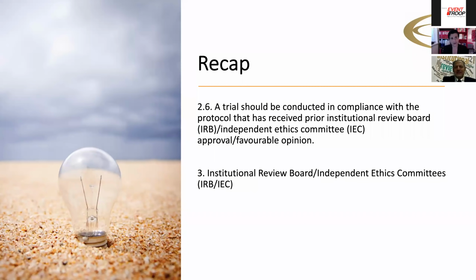So section 3 of the ICH guidelines talks about the roles and responsibilities of the Institutional Review Board and Independent Ethics Committees. Everything I'm going to tell you today is from section 3 of the GCP guidelines, because these tell us how this very important group, who's going to give us the approval to conduct research, should be composed and, very importantly, how they should be functioning.